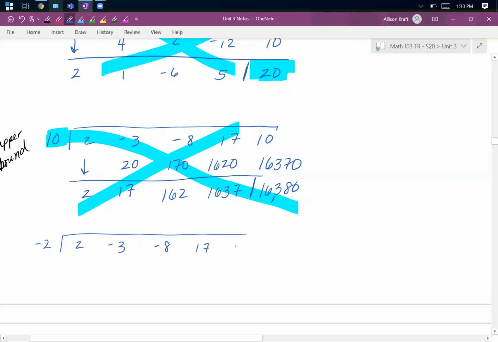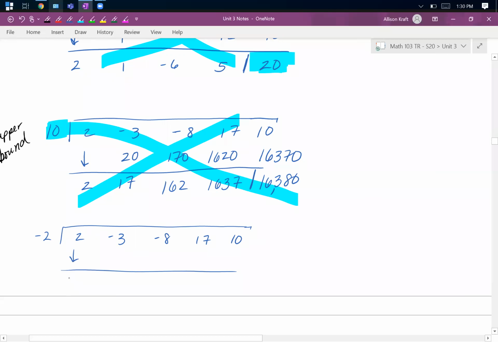Since positive 2 was super close, maybe it is -2 that ends up working out. So just because when we looked at our chart, we said, hey, I think I'm going to start with a positive, doesn't mean that you have to stay with that until you check every single positive. So there we go. We got remainder of 0.